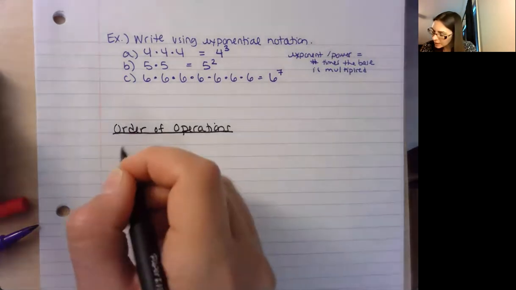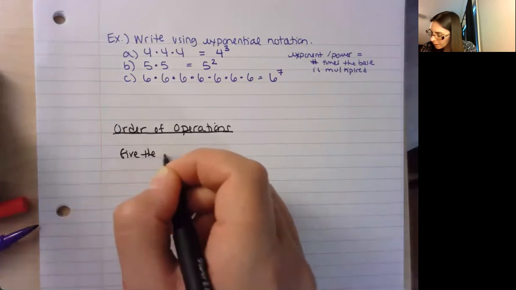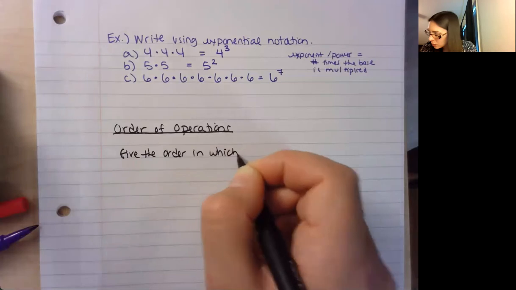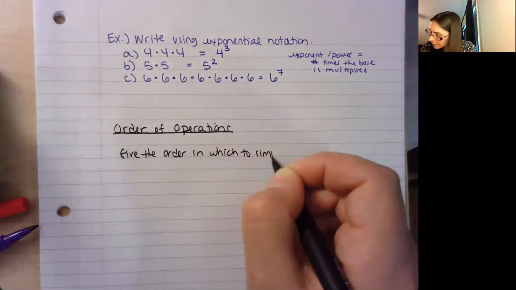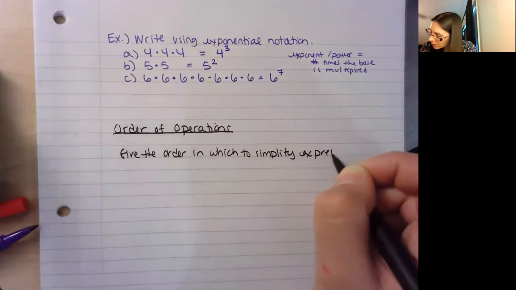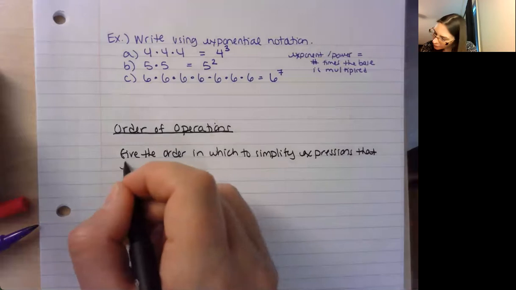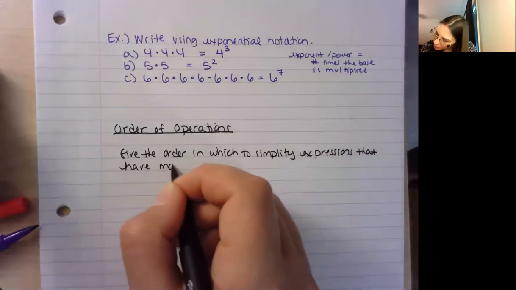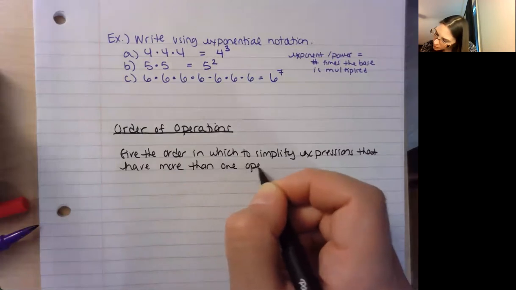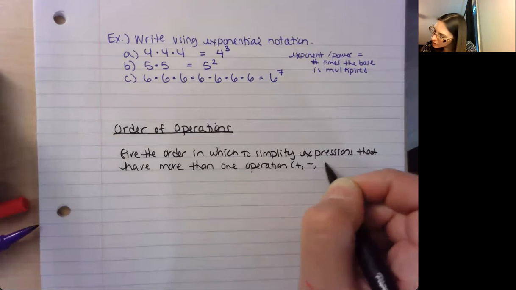So what this does is this gives the order in which to simplify expressions that have more than one operation. So by operation, I mean like addition, subtraction, multiplication, and division.